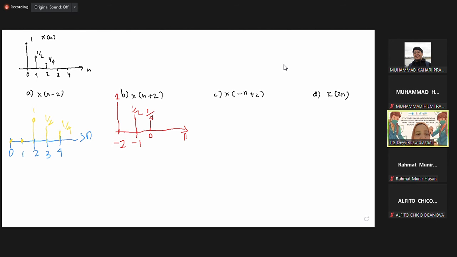And A is correct also. The difference is just that the signal is shifted 2 samples to the right. And how about the C one? Nobody knows.